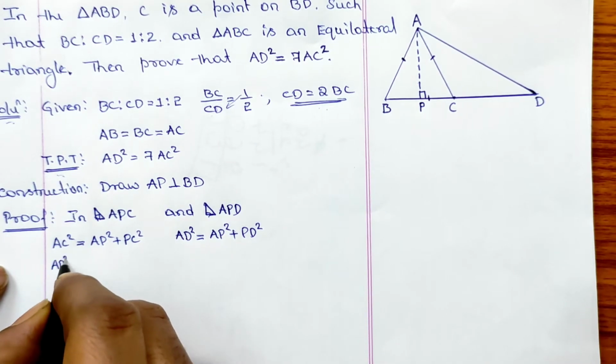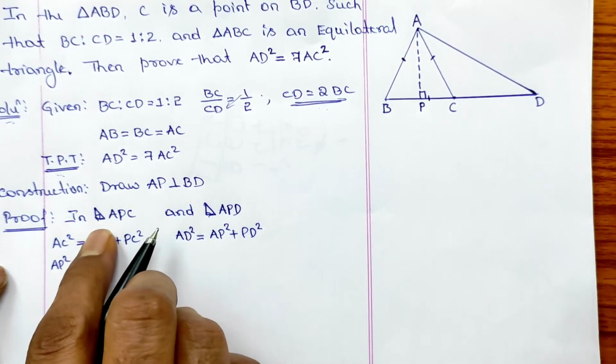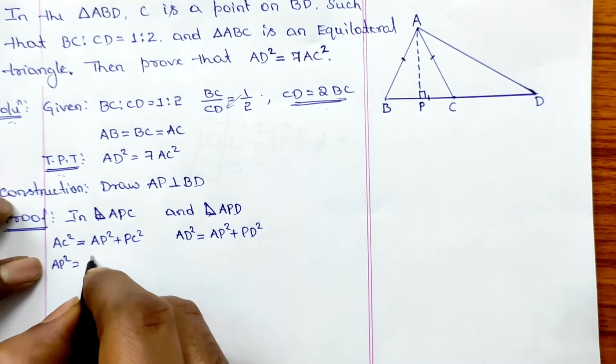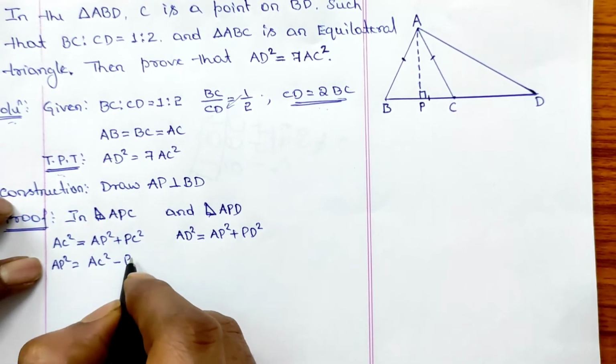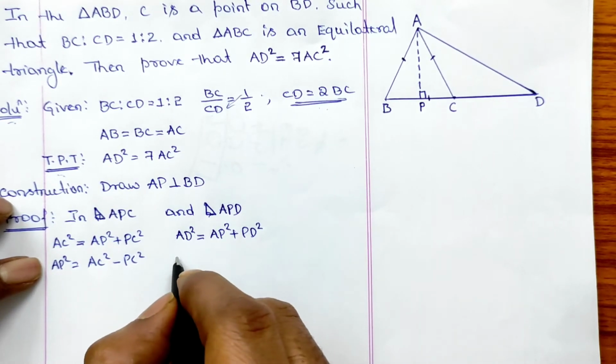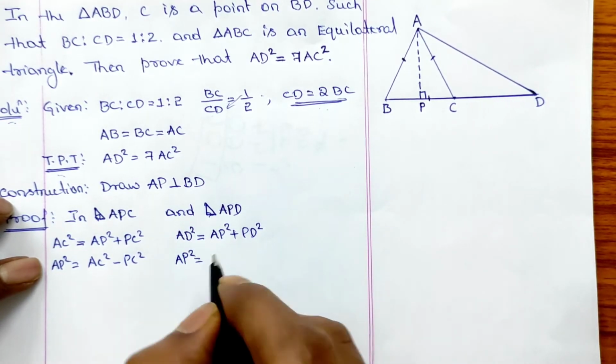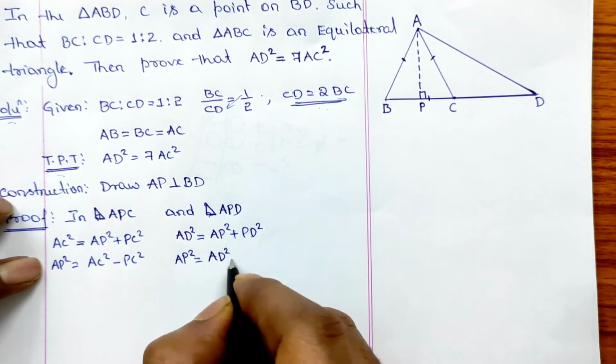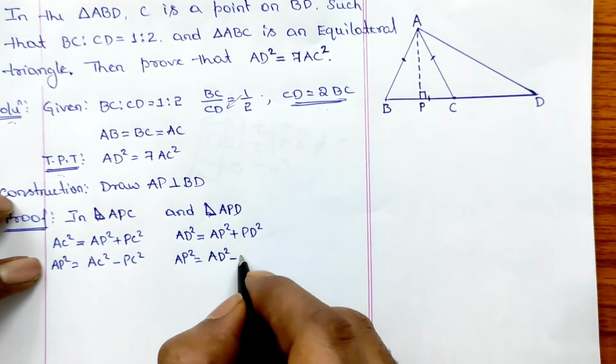So AP square is equal to what? PC square taken to the left hand side becomes AC square minus PC square. Here also AP square is equal to AD square minus PD square.